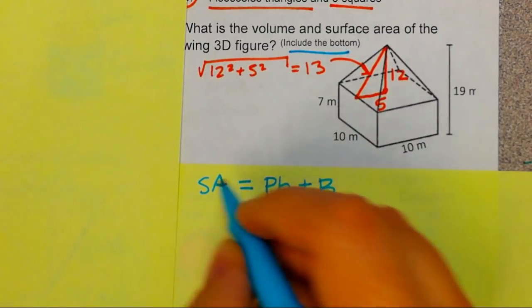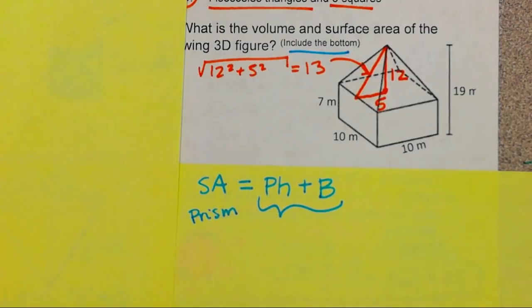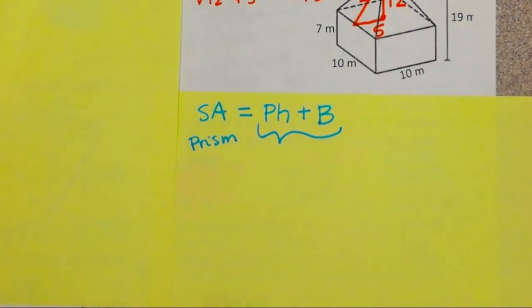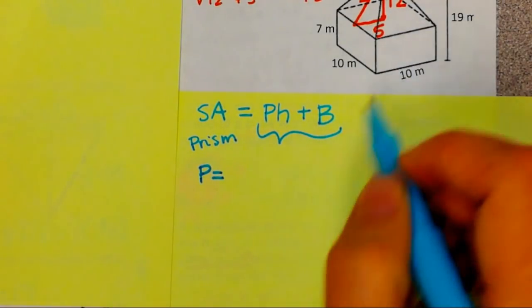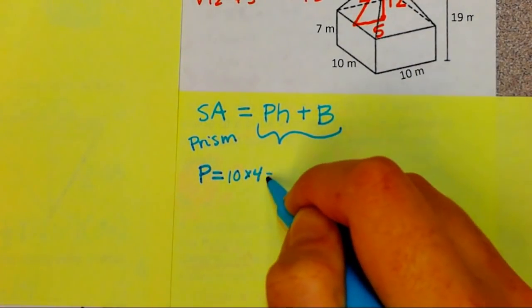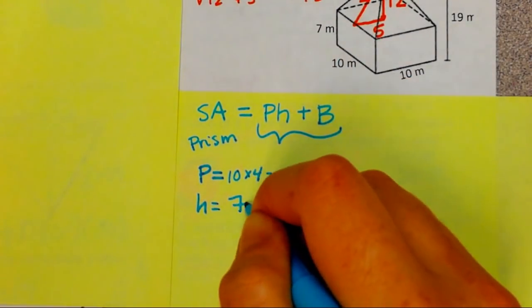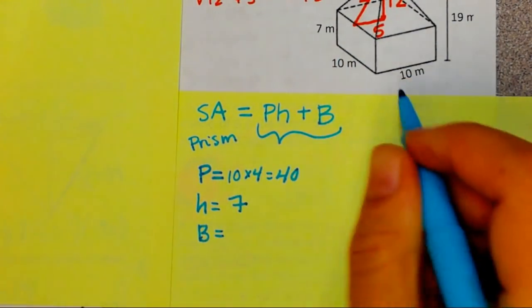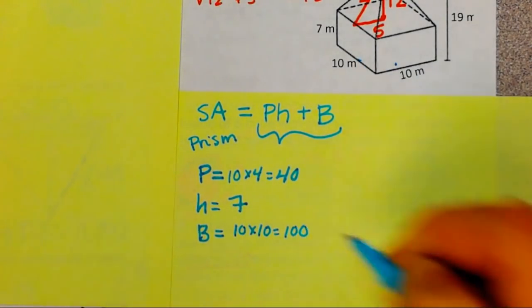All right, so I'm going to go ahead and do the stuff for the prism first. My perimeter for the base, my P, would be 10 times 4, so that would be 40. Height of the prism is 7. Area of the base would be 10 times 10, which is 100.